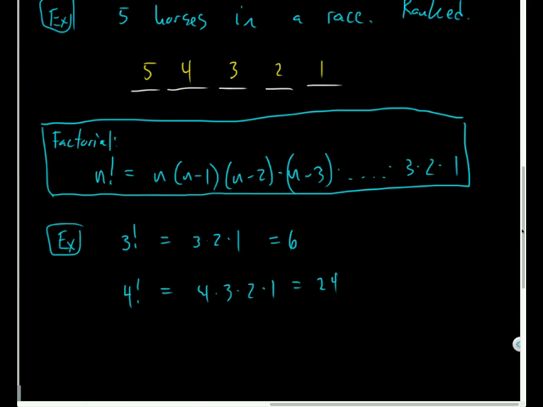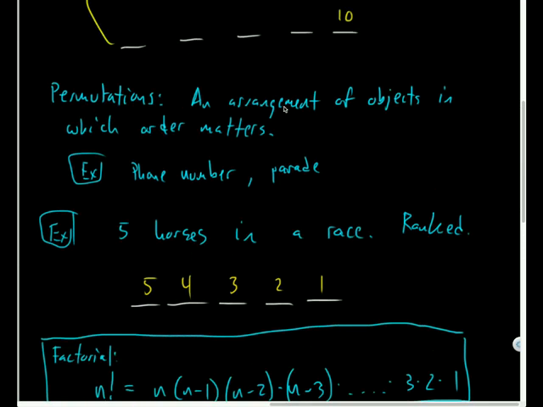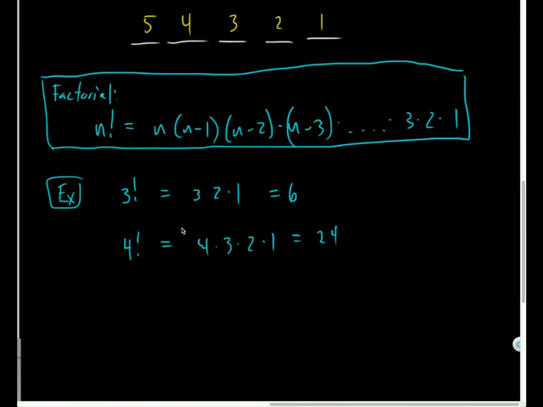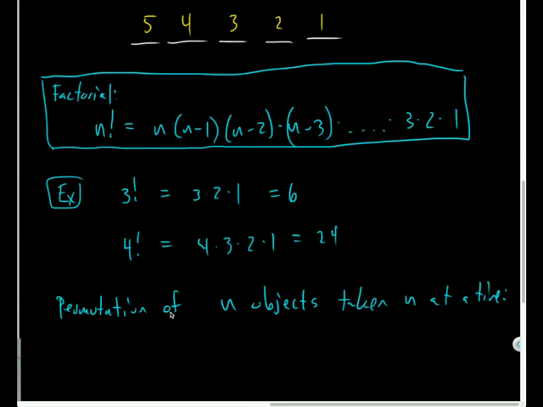And in terms of permutations, we're actually going to define them in terms of factorials. So a permutation of n objects taken n at a time, which is kind of a weird way to describe it, but you'll see what I'm saying, will be defined as P of n comma n, so n objects taken n at a time, right?